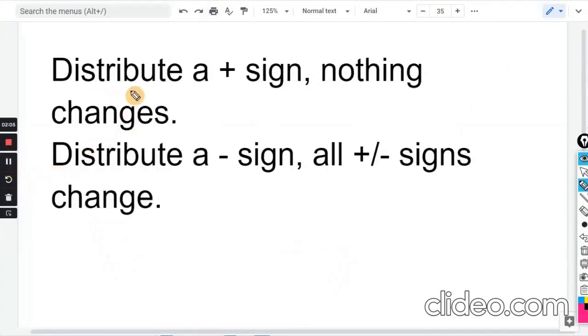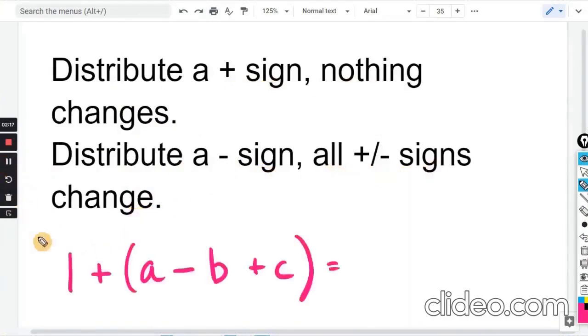And finally, if you distribute a positive sign, nothing changes. But if you distribute a negative sign, all plus or minus signs change. So if you had 1 plus parentheses a minus b plus c, you're distributing a positive sign and nothing changes. Just distributing this positive sign really doesn't do anything.